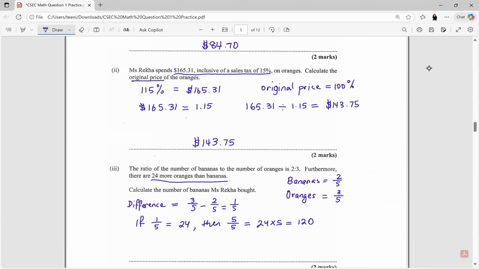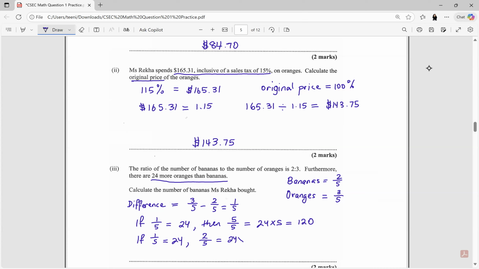Oh well, actually, you didn't even need to find out what the total amount is, because if 1/5 is 24 and 2/5 represent bananas, how much would bananas be equal to? Guys, if 1/5 is equal to 24 fruits, then 2/5 would be equal to how much? 48, miss.